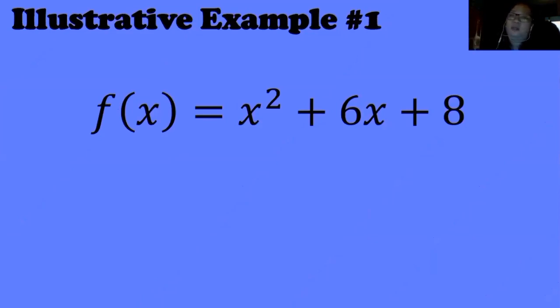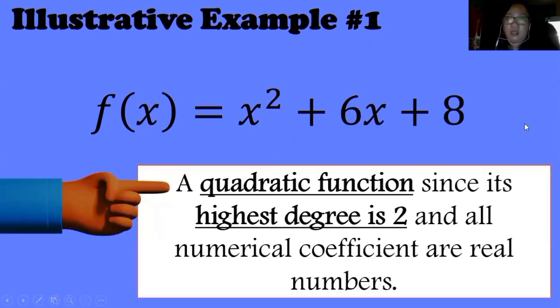First example, we have here f of x is equal to x squared plus 6x plus 8. This is a quadratic function since its highest degree is 2 and all numerical coefficients are real numbers, meaning the values of your a, b, and c are all real numbers.